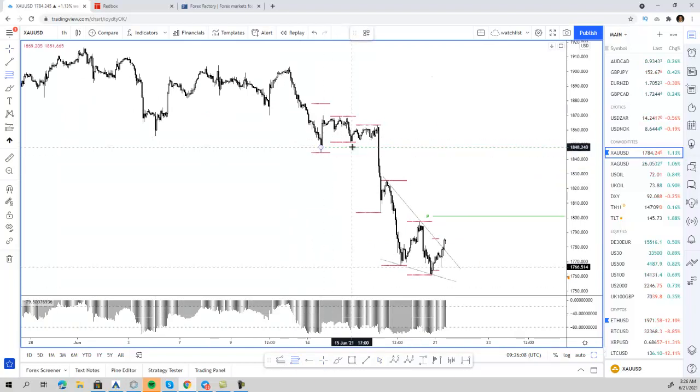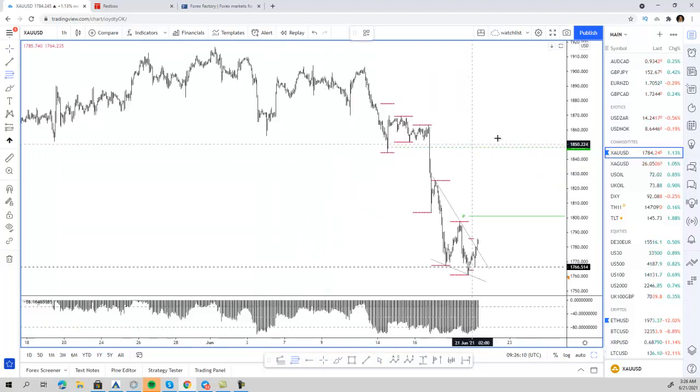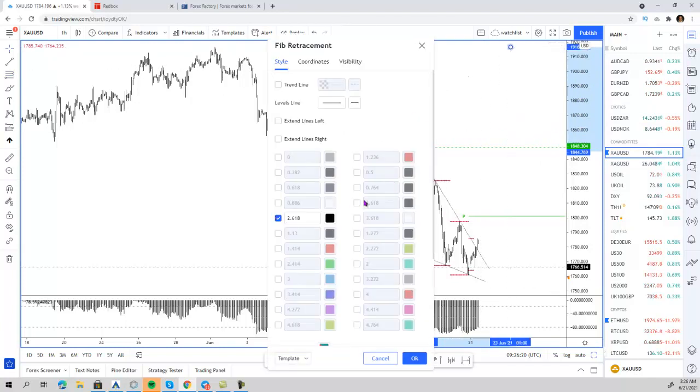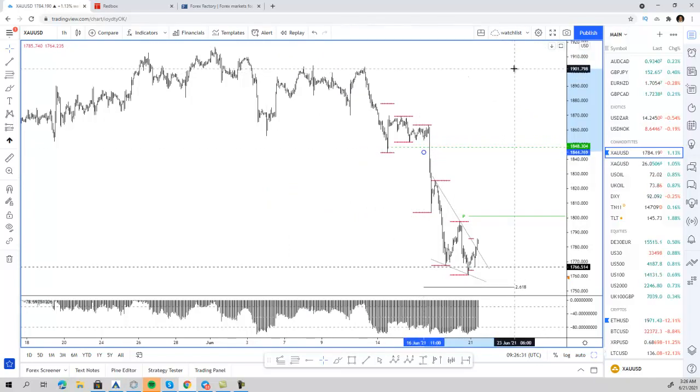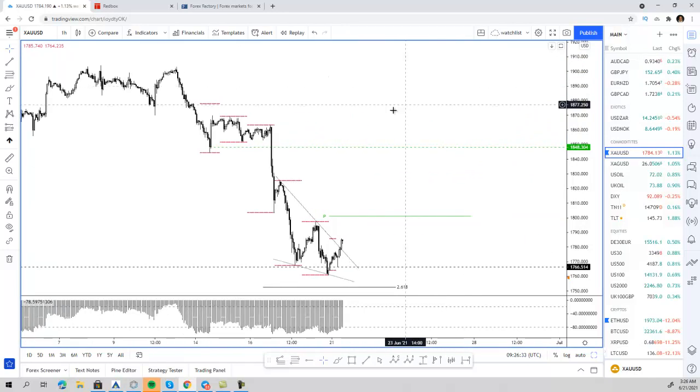Again, let me grab that Fibonacci retracement tool. We should be around the 161.8 of the previous move, or the 261.8 of the previous move, right here, around the 261.8 of the previous move.